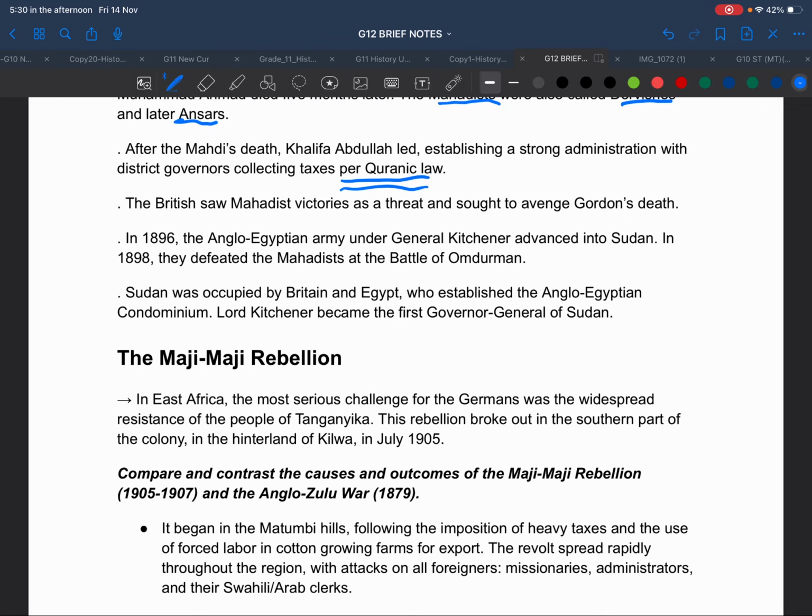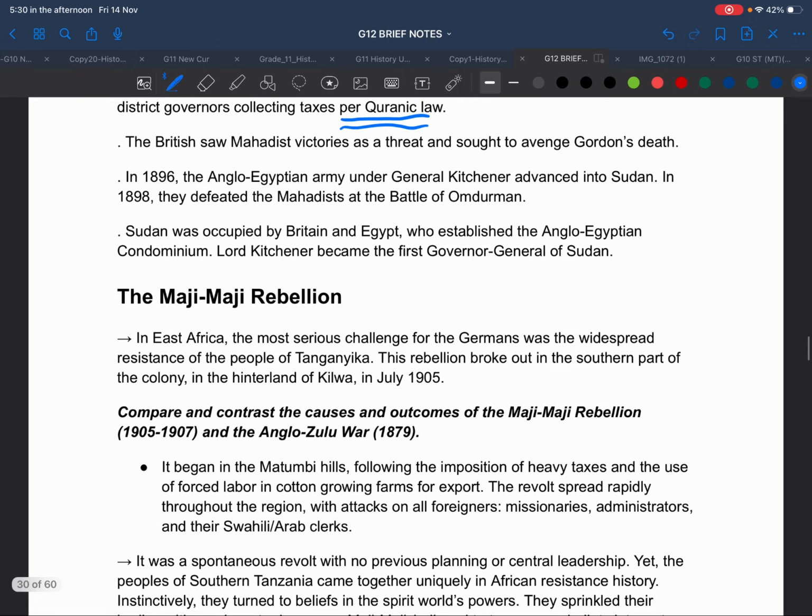The British saw the Mahdist victories as a threat and sought to avenge Gordon's death. Gordon was their military commander who joined the army of the Egyptians but was defeated by the Mahdists and finally lost his life. He was killed, murdered by the Mahdists. So to avenge that, they sought to avenge Gordon's death.